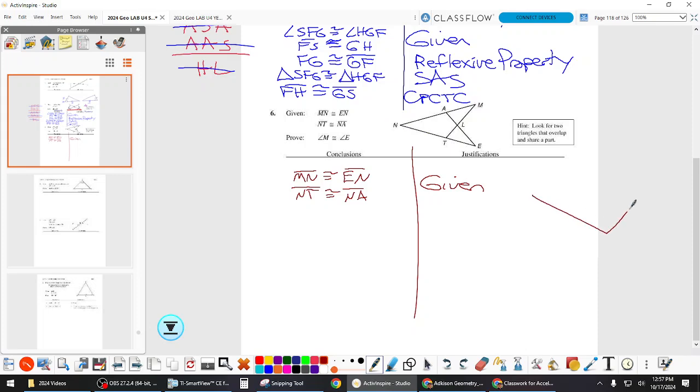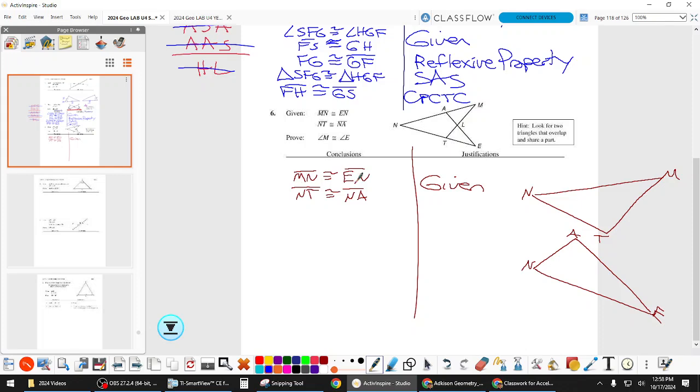So, that first one looks like that, right? It's kind of tilted. And then it's N, T, and M. And then my other triangle is sort of like that. And that one is N, A, E. Now if we start marking pieces, it becomes obvious right away, and it's really helpful.